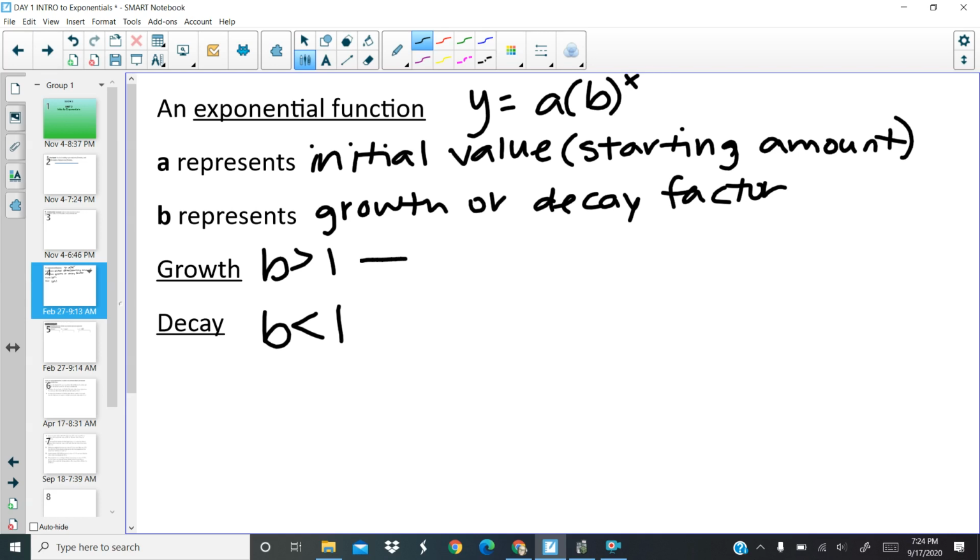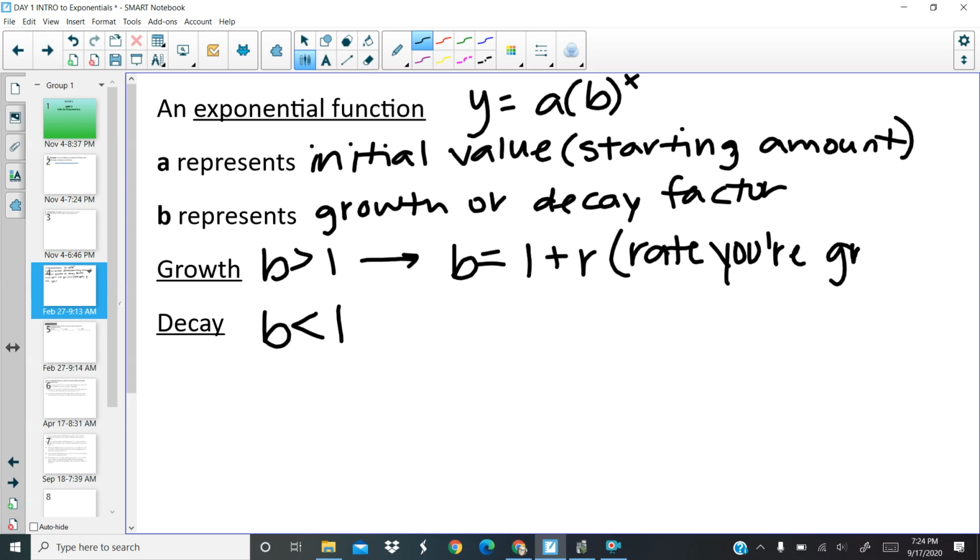With growth, b is always going to equal 1 plus the rate that you're growing. So I'm going to write 1 plus r, and I'm going to put in parentheses that r is representing the rate that you're growing, or the rate that whatever you have in the equation is growing, not necessarily you personally.